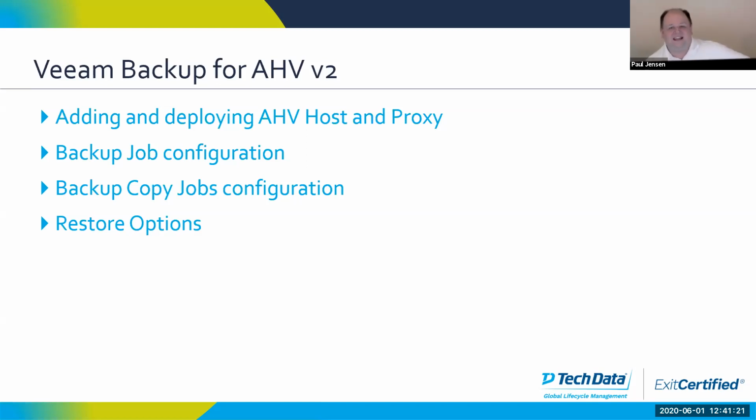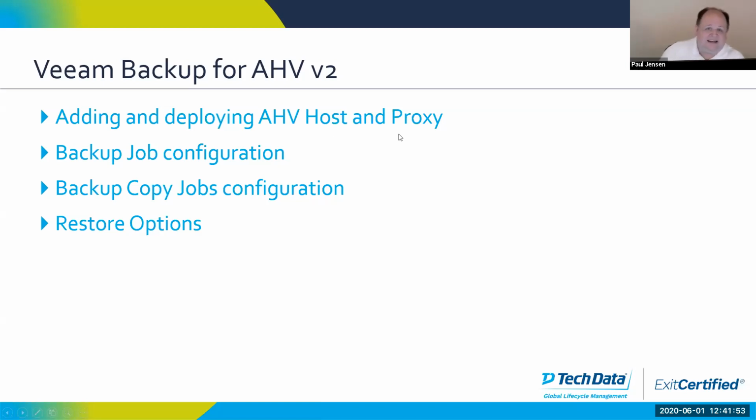And this is specific to AHV because this is a new integration Veeam has introduced between version 10 and AHV. And as a Nutanix instructor and a Veeam instructor, I do get these questions, and this is probably one of those areas that doesn't get addressed very often. So we now have the ability from Veeam, VBR, backup and replication, to add and deploy an actual AHV host and proxy.